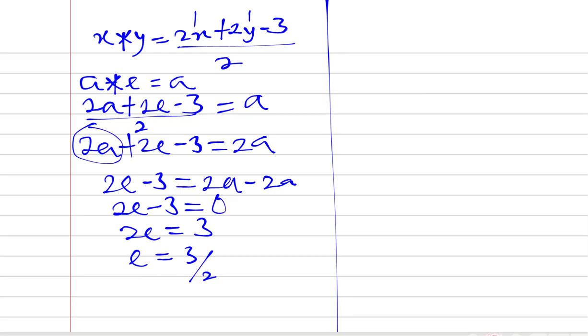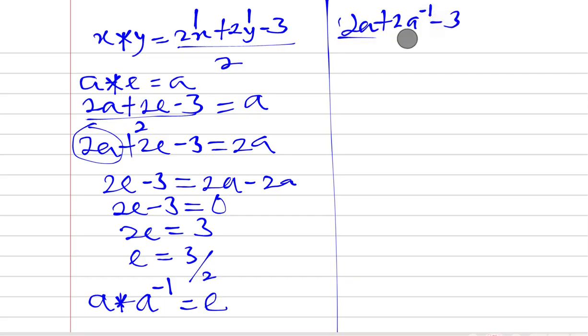Now let's do our inverse. What's our inverse? A star a inverse equal to e. So anywhere I see x now, I'll put a. Anywhere I see y, I'll put a inverse. So that means I'll now have 2a plus 2a inverse minus 3 all over 2 equal to e.